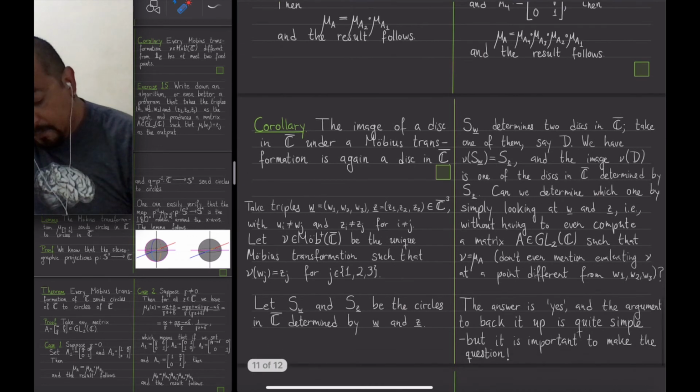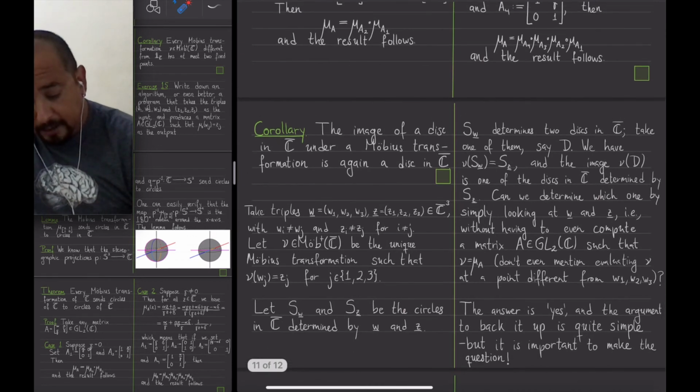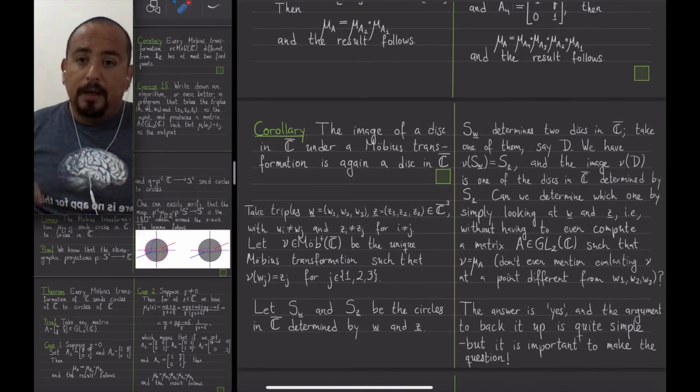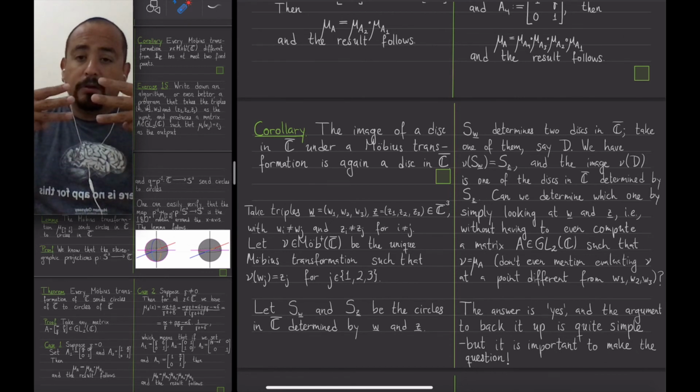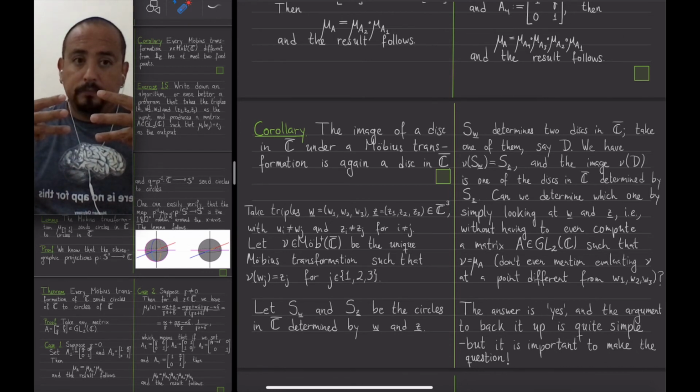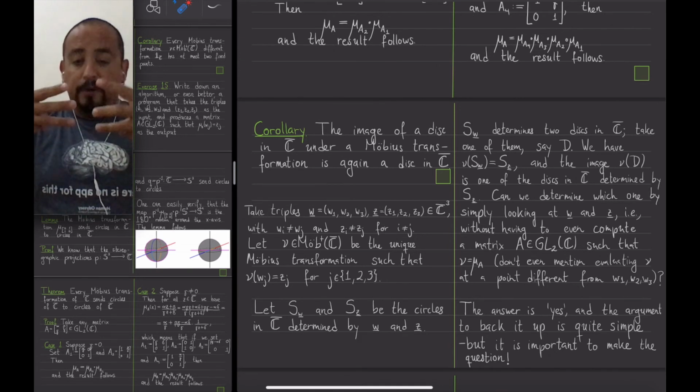But now maybe more interesting than that is the following. Take your two triples of distinct points in C bar as before. Then now we know that there is a unique Möbius transformation taking these three in order to these three. So first one to first one, second one to second one, third one to third one.